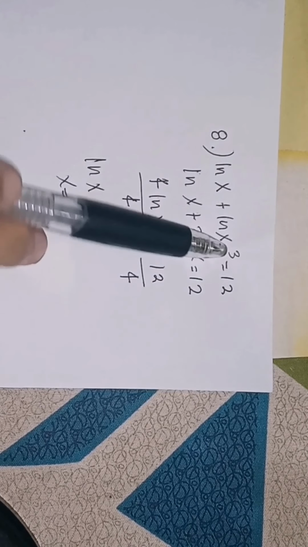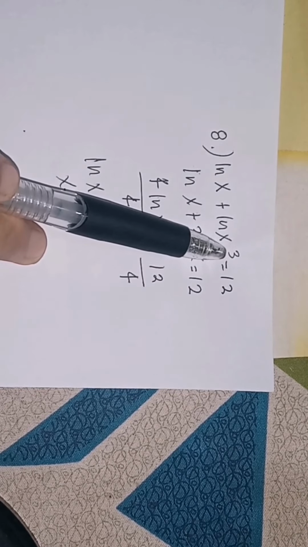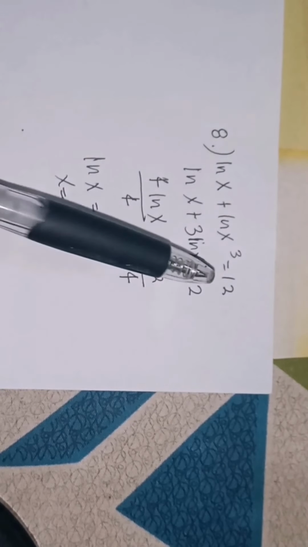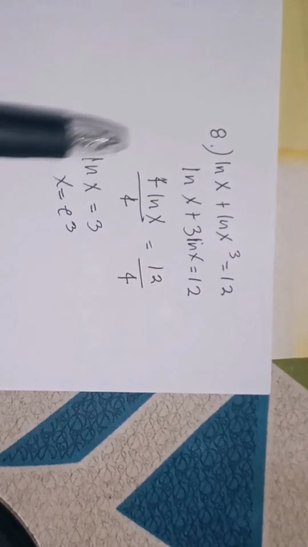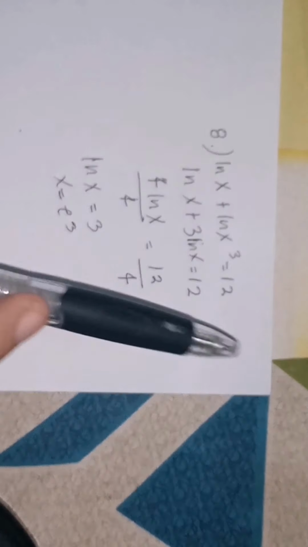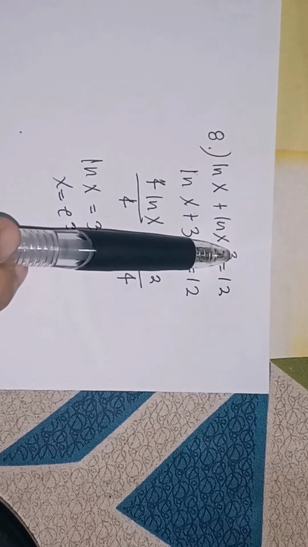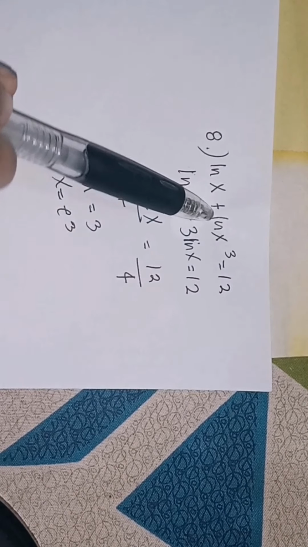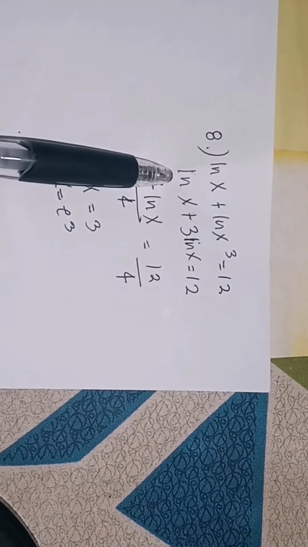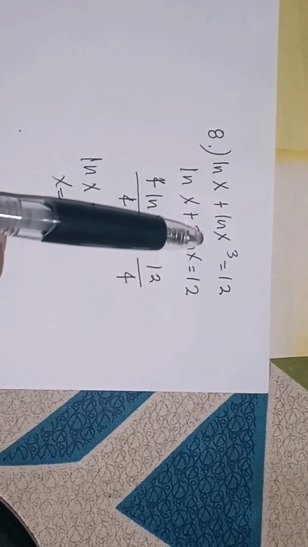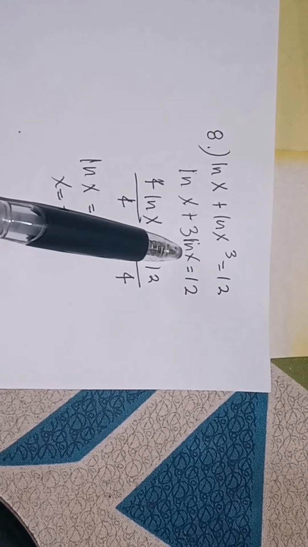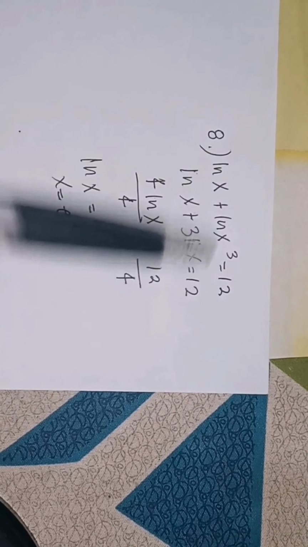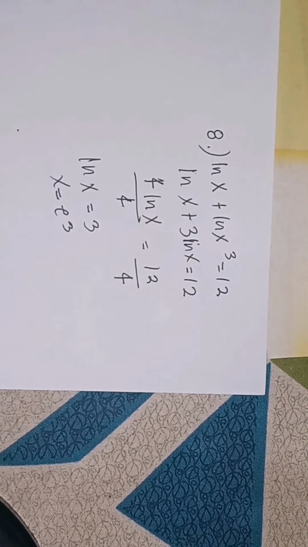Since x has an exponent, the rule of this logarithmic function, when there is an exponent, is that it is brought down, which becomes ln x plus 3 ln x equals 12.